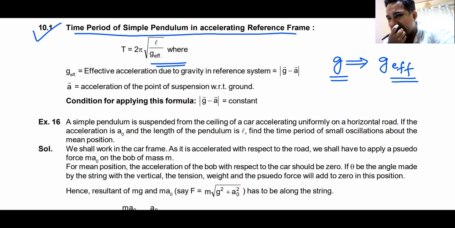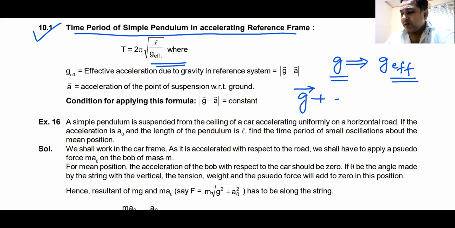Now, how do you find the value of this g effective? Well, you just add the original g with the acceleration of the frame of reference. In fact, if you are in a non-inertial reference frame, you'll have to add the negative of this. So you see, that's why this negative sign comes. I hope you will be able to understand this.